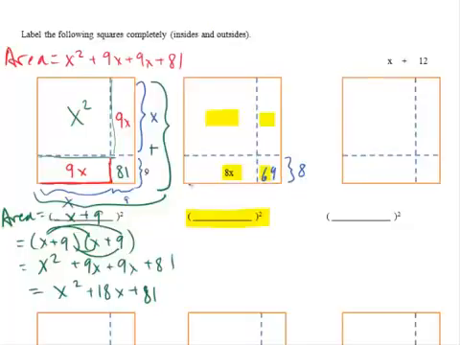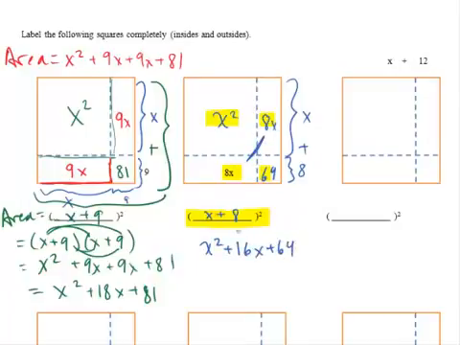That also means that this longer part here would be x, and since this is symmetrical, this would also be x. So there's 8x. And that means that this bigger square is our x squared. So we have x plus 8 as the side. X plus 8 squared gives us x squared, 8x, 8x, 64. Or x squared, add these two pieces together, 16x plus 64. Those are all equivalent statements.